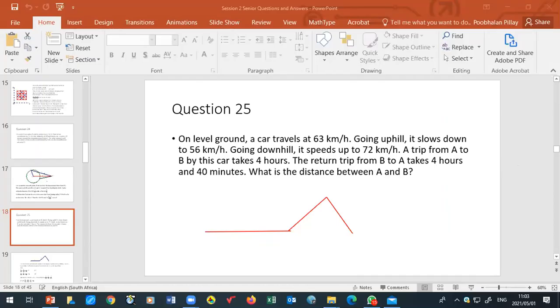So let's just give names to these distances because we need to calculate. We got times involved here. It takes 4 hours and 40 minutes, and we know the speeds. So let's get the distances in place.